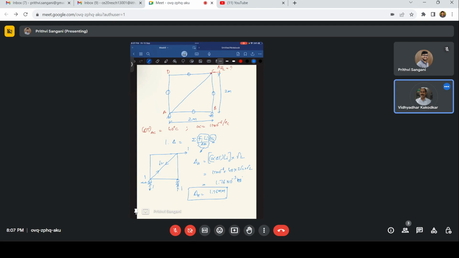Once you find out your PL by AE, the alpha delta T Li is nothing but PL by AE, right? This displacement is PL by AE, and that is going to be alpha delta T times L. So L cancels, and P is going to be alpha delta T times AE.